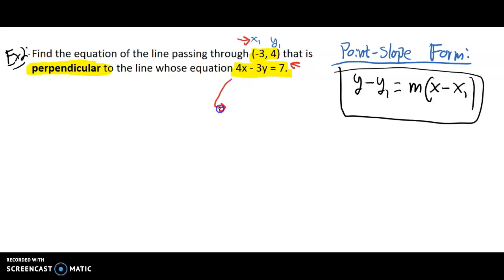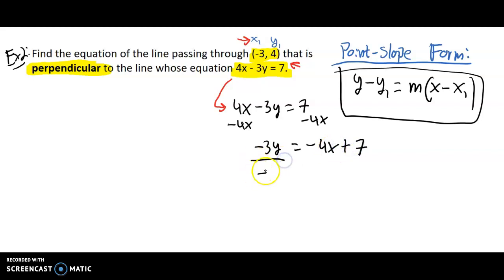But to find the perpendicular slope, I need to know what our original slope is in the first place. So I'm going to rewrite this line here, and we're going to rearrange it in slope-intercept form. So I'm going to take away 4x. So I've got -3y is -4x. That 7 was positive, so we write plus 7.